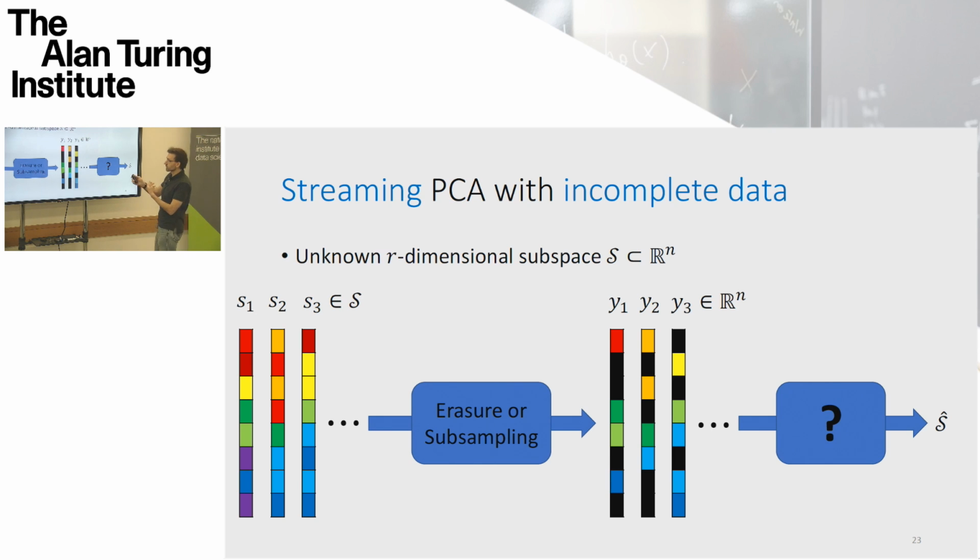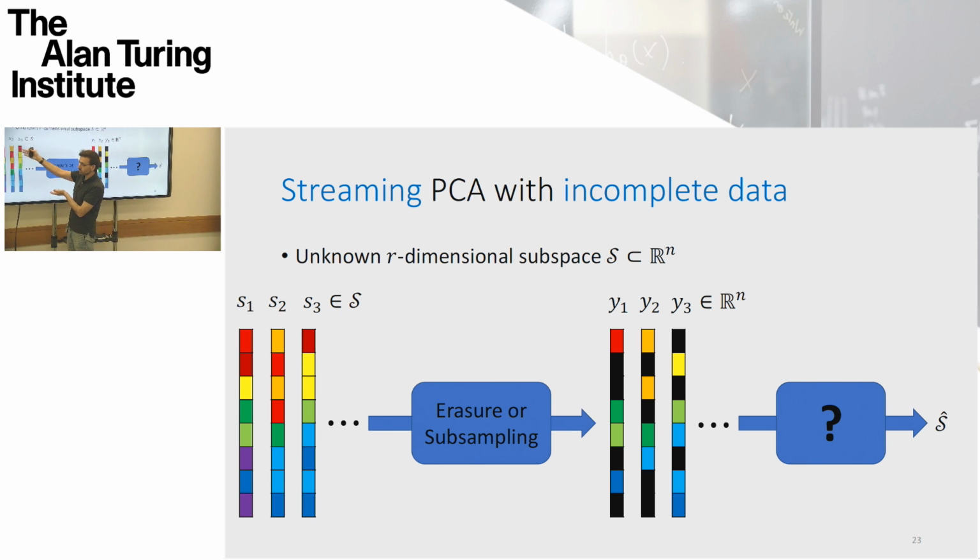More specifically, suppose that there is an r-dimensional subspace S in R^n, and there is a stream of generic vectors drawn from this subspace, let's say s1, s2, and so on. Now, either accidentally or deliberately, these vectors undergo erasure or subsampling, and you end up with these measurement vectors y1, y2, and so on, where the dark entries are missing.